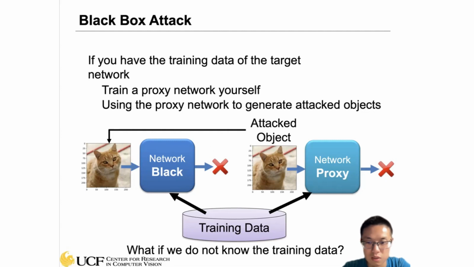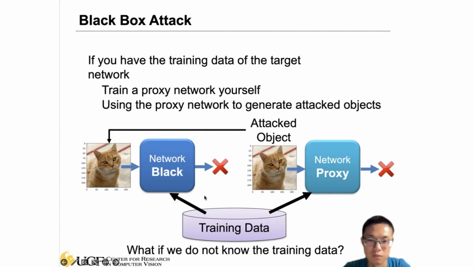But what if we do not know the training data? In this case, you still have a solution. You can do queries. The network gives you the outcome, so you can upload an image through this API and it will generate some label, and then you can form a pair: the query image and the corresponding label. You can do multiple queries, maybe 100 or 1,000 queries.